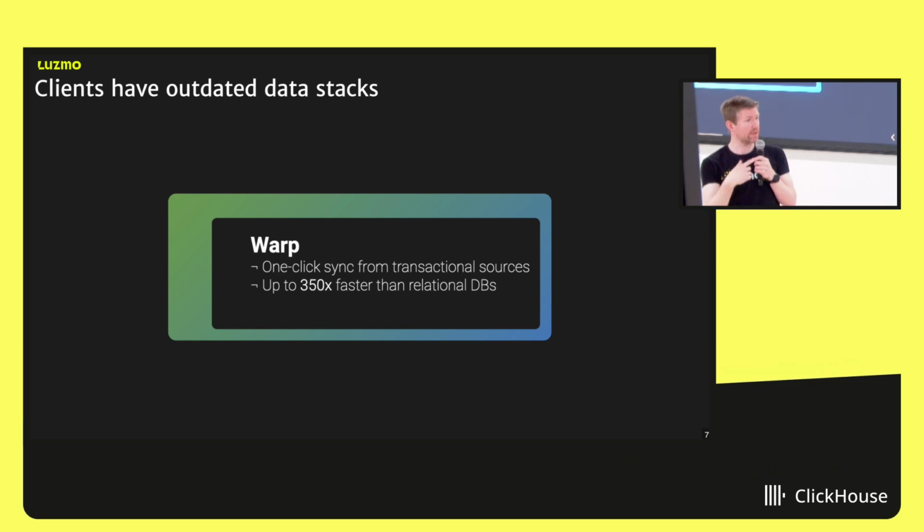We can logically replicate those into ClickHouse, something that ClickPipes, of course, for example, could not do. But ClickPipes is better if you use one of the sources that support it. So it can really speed up analytical queries a lot, up to 350 times, even more, depending on the use case.